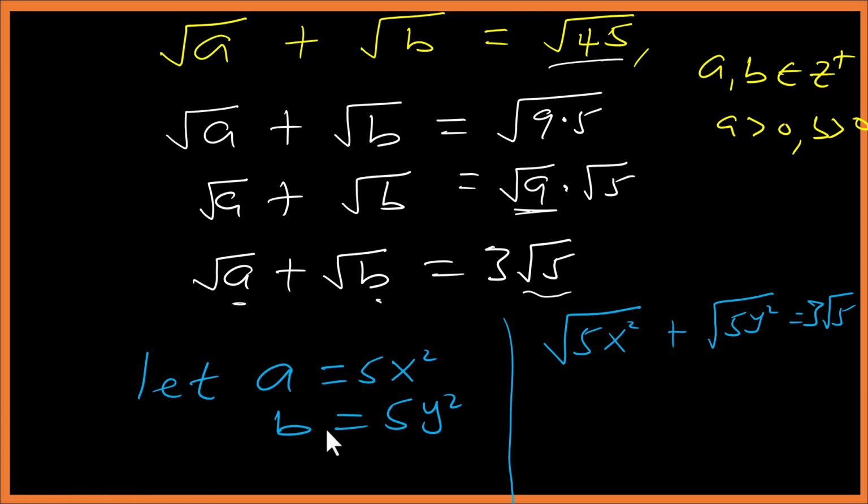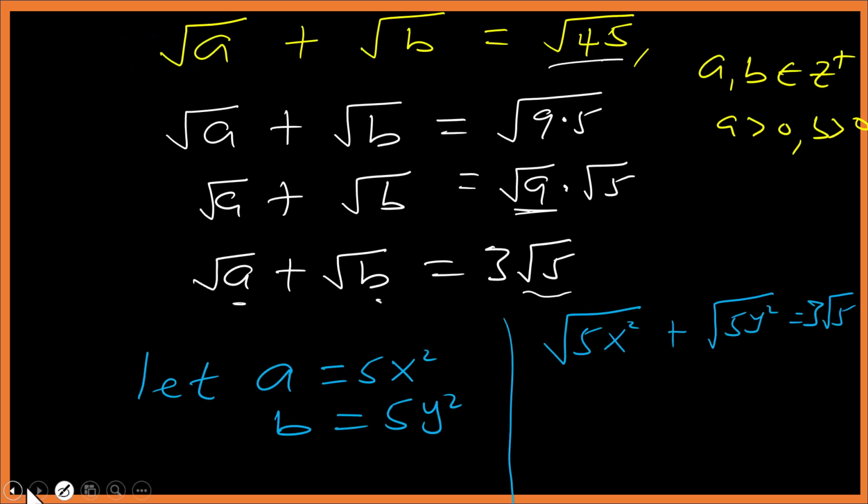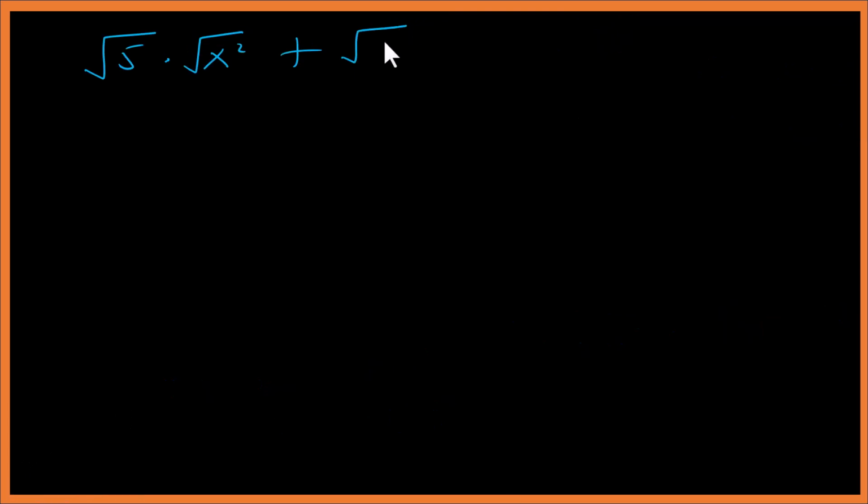Okay, so from here we can write this one as square root of 5 times square root of x squared. So this side will be square root of 5 times square root of y squared equals 3 root 5.